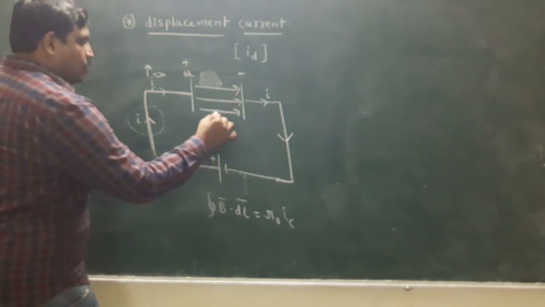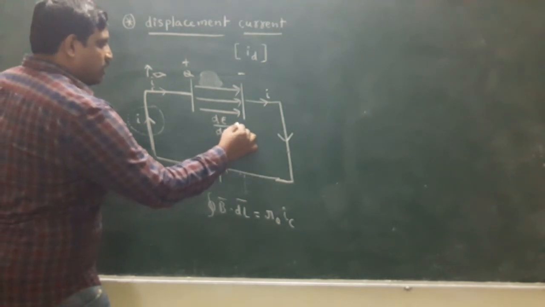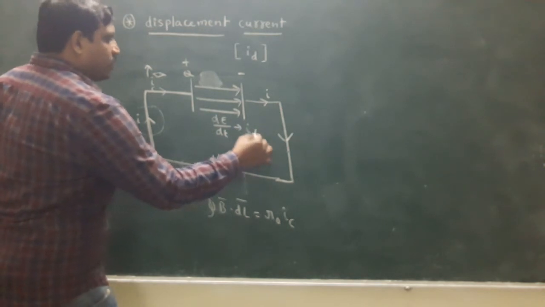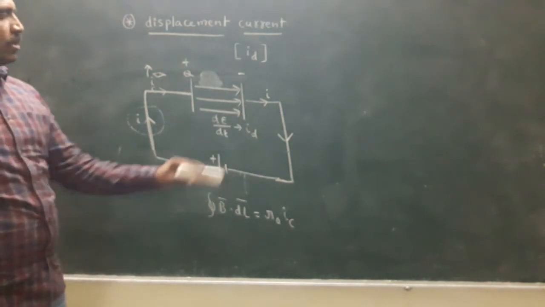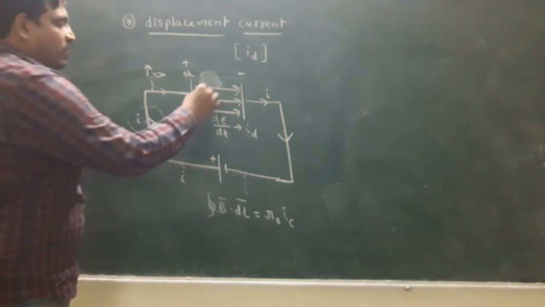Maxwell says a varying electrical field produces displacement current, and because of displacement current the needle deflects.